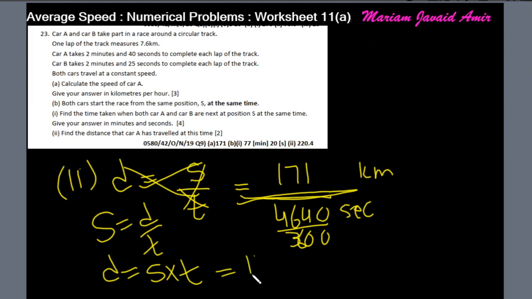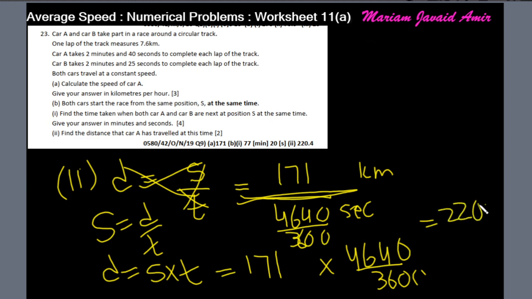Speed was 171 kilometers per hour and the time is 4640 over 3600 hours. So 4640 divided by 3600 times 171, which gives us 220.4.